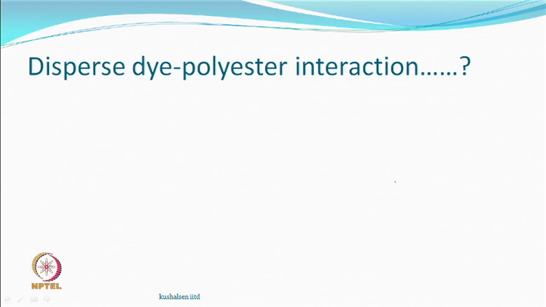So, when you sit down at home and try to revise, try to see what happens to the elongation of a textured yarn. Although this does not appear to be very interesting as far as texturing is concerned, let us try to understand what it is.